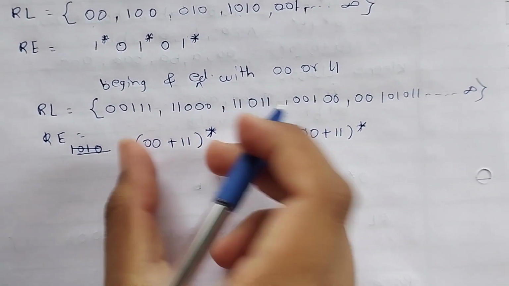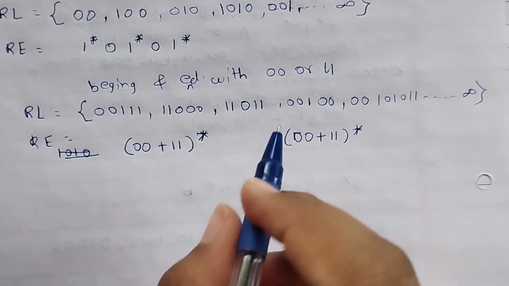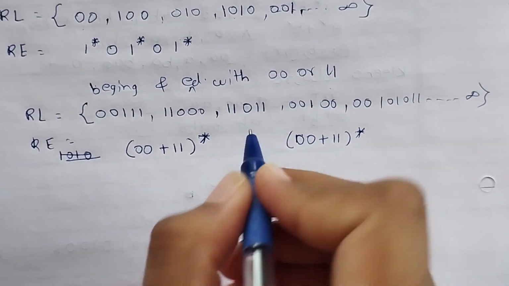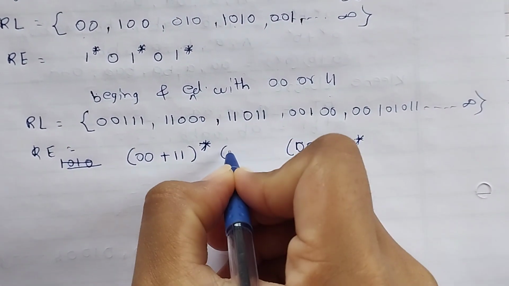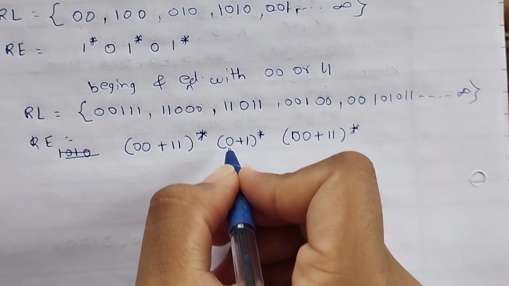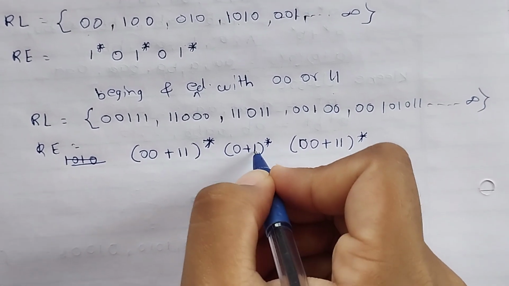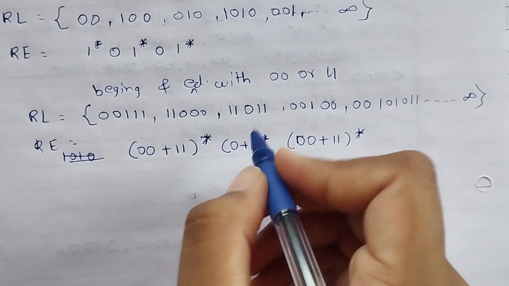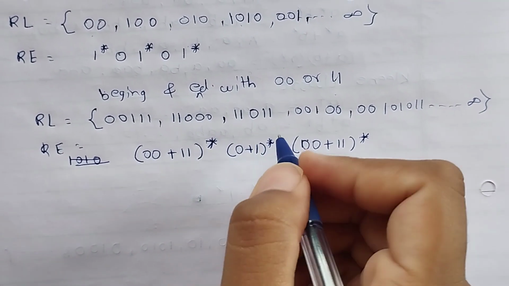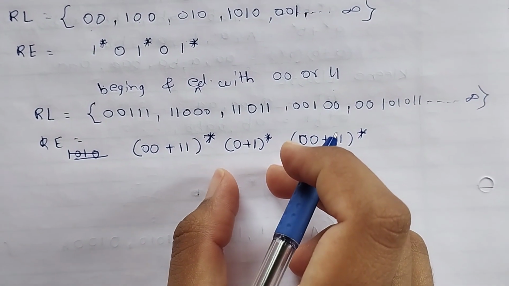So this is for the beginning, this is for the end. Now the middle is any set of 1 and 0, so we can write (0+1)*. You put one 0, two 0s, ten 0s, or anything different than 11001, any string is possible.